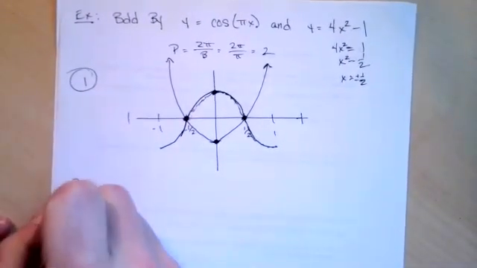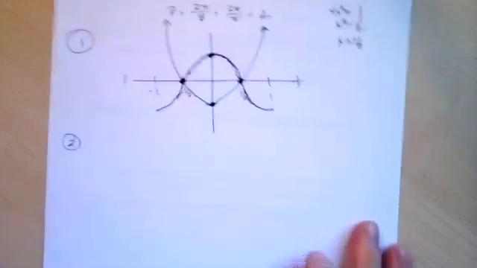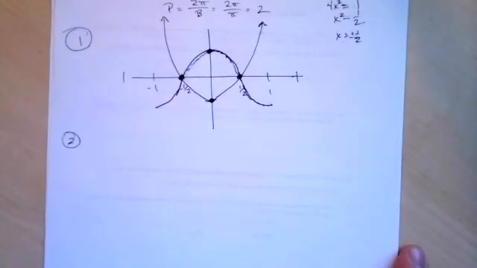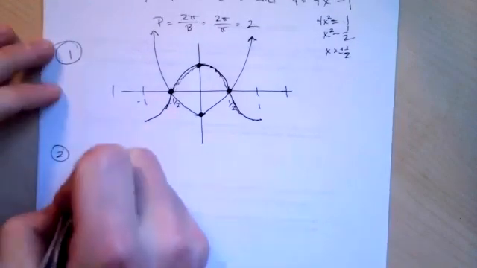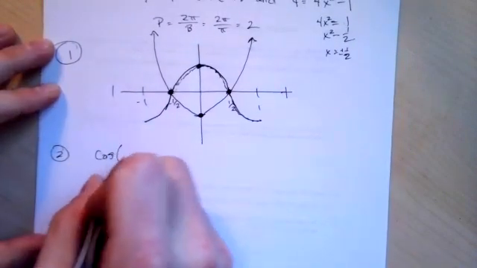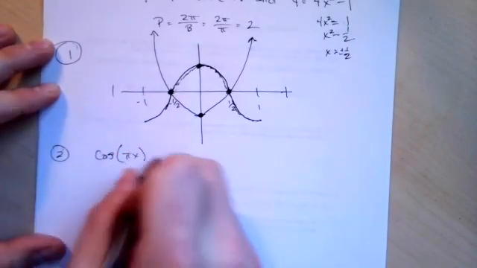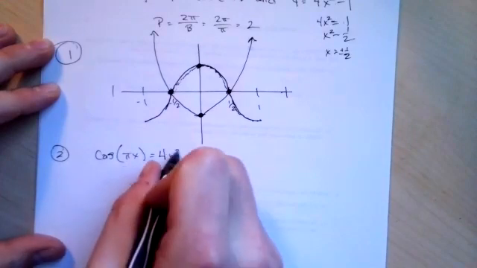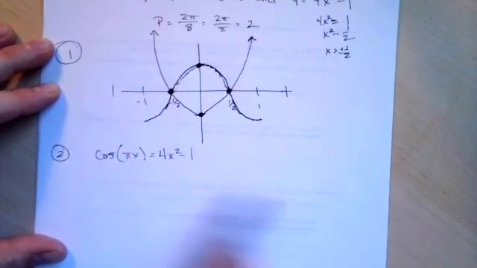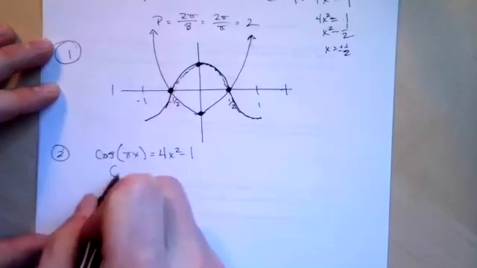Step 1, step 2, finding the intersection points. This is one of those ones where, well, what are the intersection points? Normally we would want to try to solve it, but we kind of already found the intersection points. How do we solve this equation?